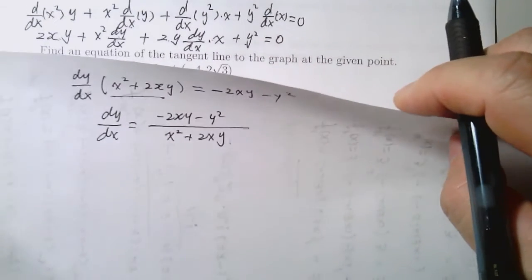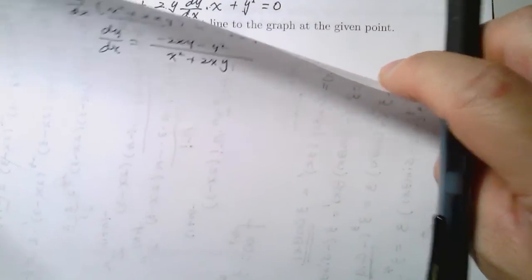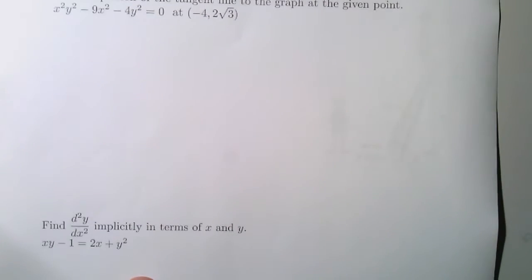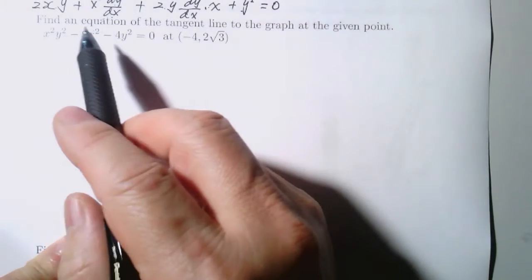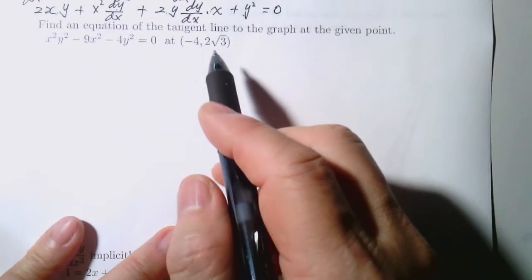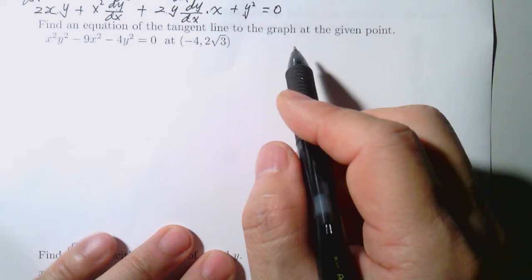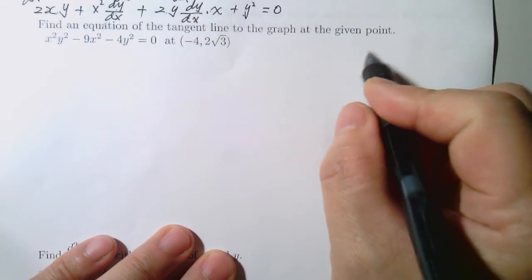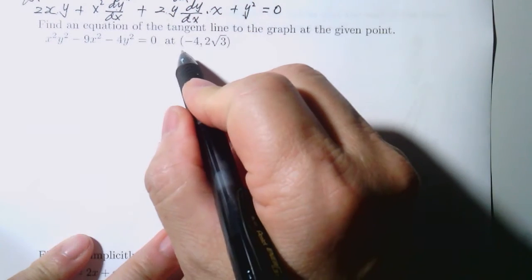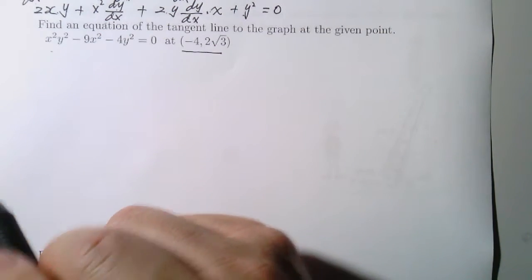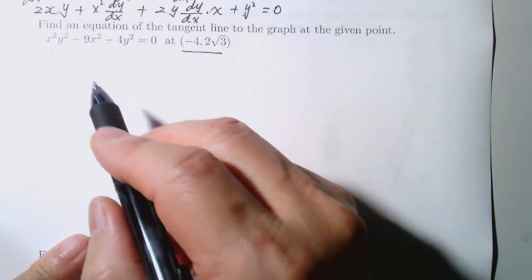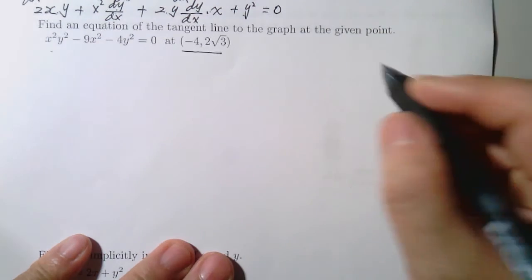So now let's take a look at the next example. In this example we want to find the equation of a tangent line to the graph at a given point. Here the point satisfies this equation, and if you look at the graph, it looks like this.